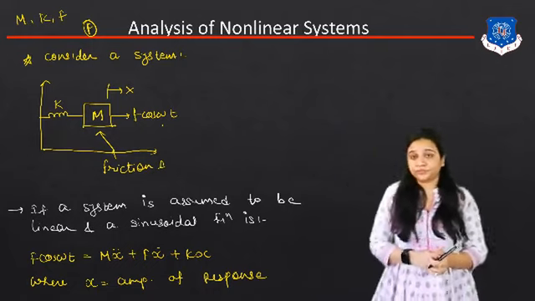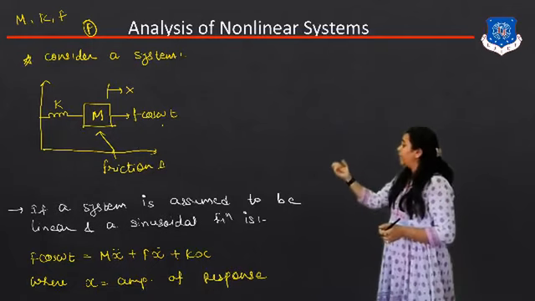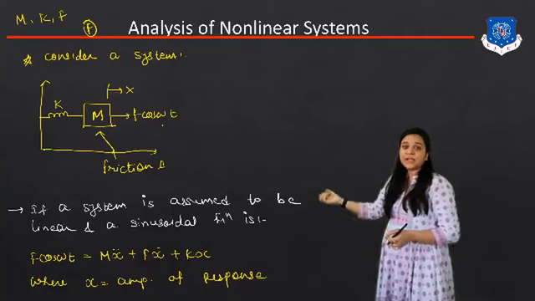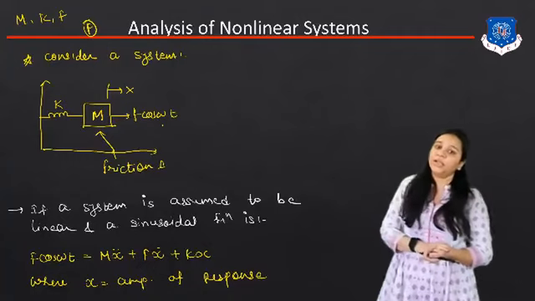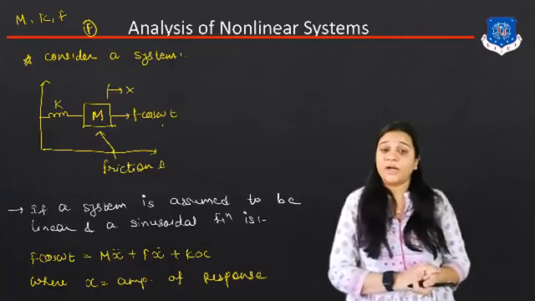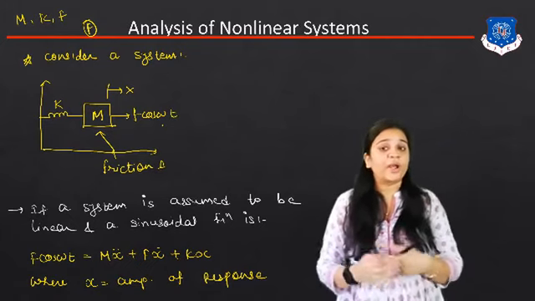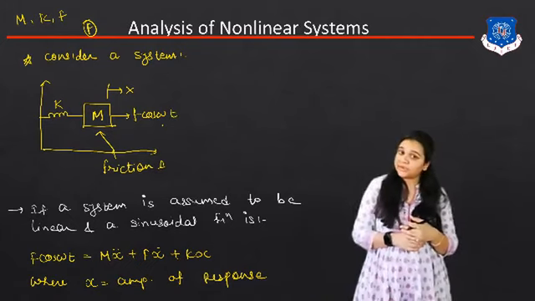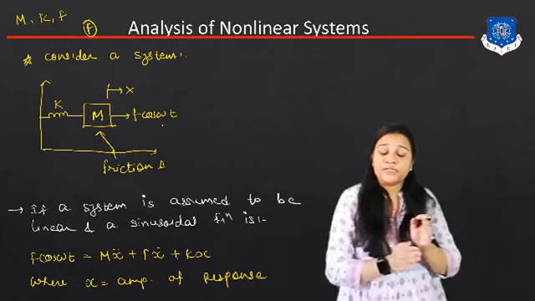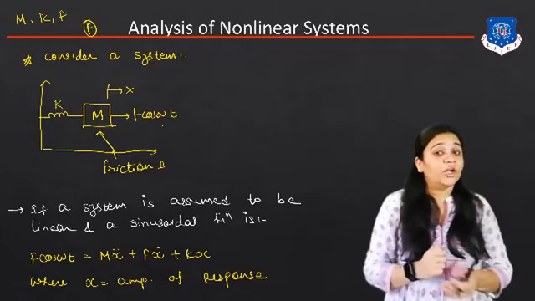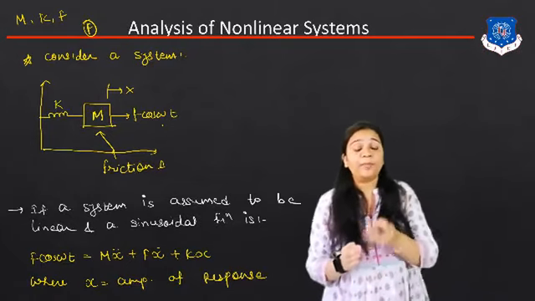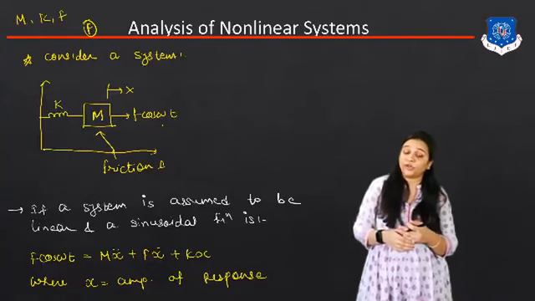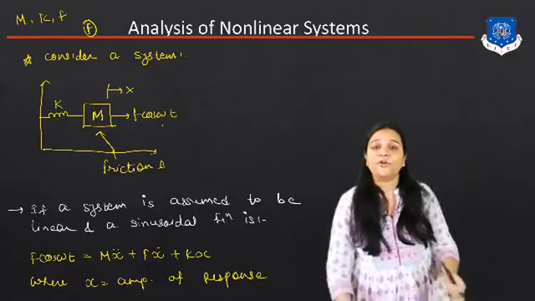As you know, we take the double derivative with the mass and the single derivative with the friction, where x is the amplitude of the response. If we consider the linear system, x will be the displacement of the system, but the non-linear system depends on the amplitude of the response. So here x is the amplitude of the response.